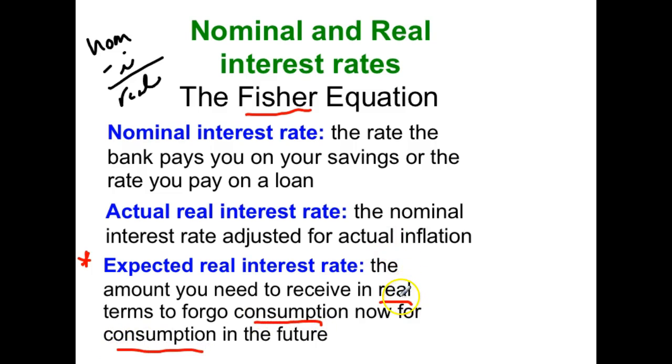Think back to when we talked about present value. How much would we need to pay you a year from now to make it worth your while to wait to get your money? Would you need a 10% return in order to be willing to save your money? Would you only need a 5% return? Would you need 20%? What is the expected real interest rate that you would demand in order to be willing to save your money?